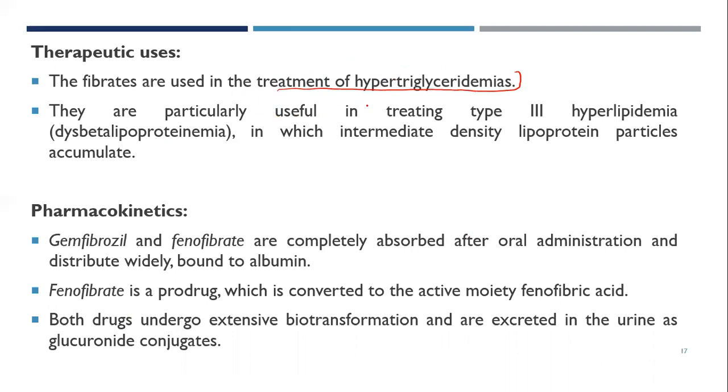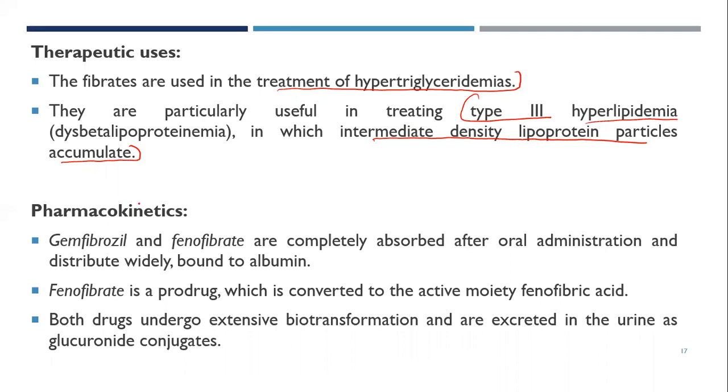They are particularly useful in treating type 3 hyperlipidemia, where there is dysbetalipoproteinemia, in which the intermediate density lipoprotein particles accumulate. We have already studied what happens in type 3. If you don't remember, then kindly refer to that second slide.